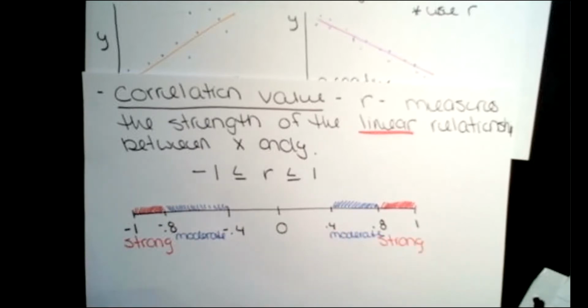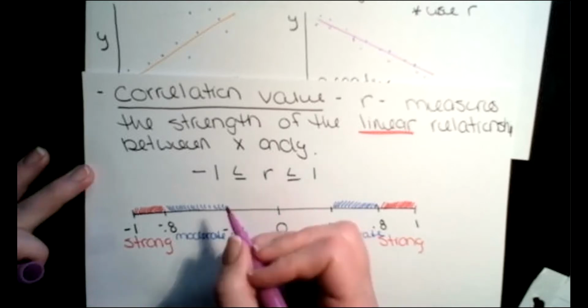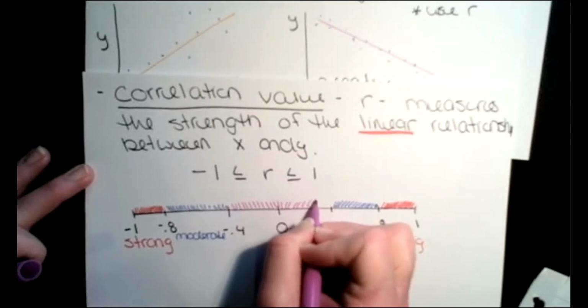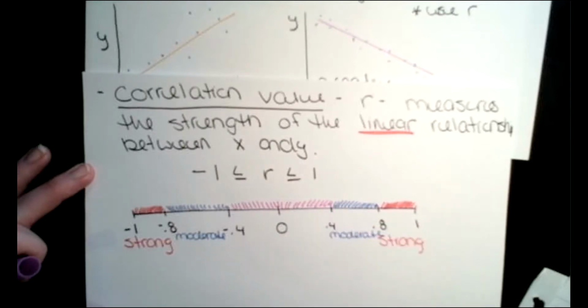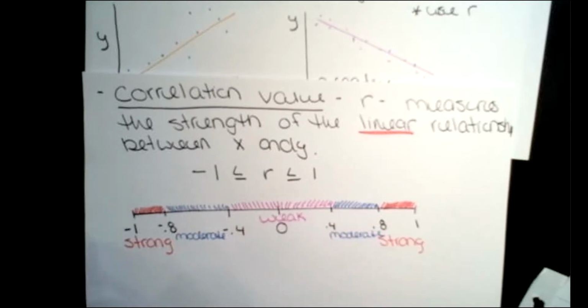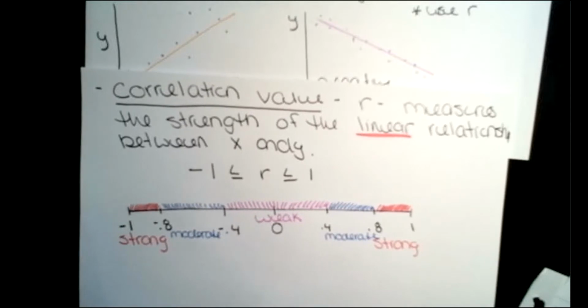Then anything in between here, -0.4 up to +0.4, we consider this weak. So anything close to 0 is considered weak, but I'm talking about a linear relationship.